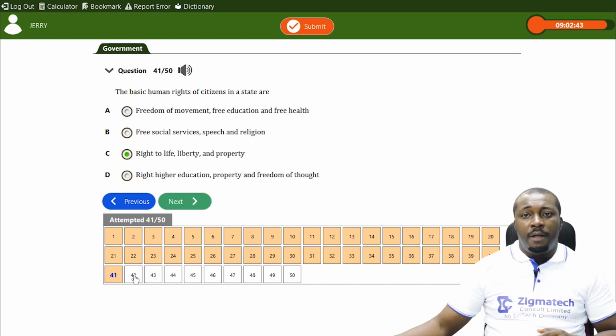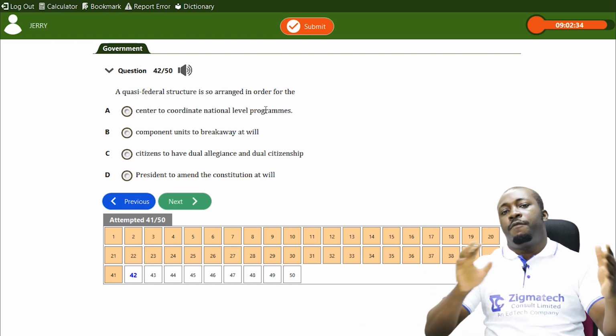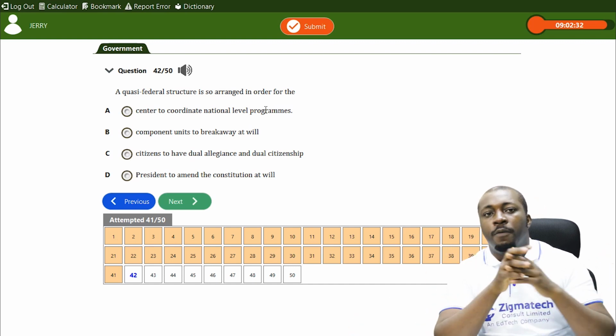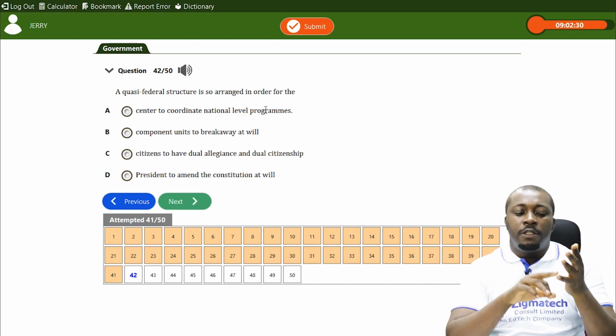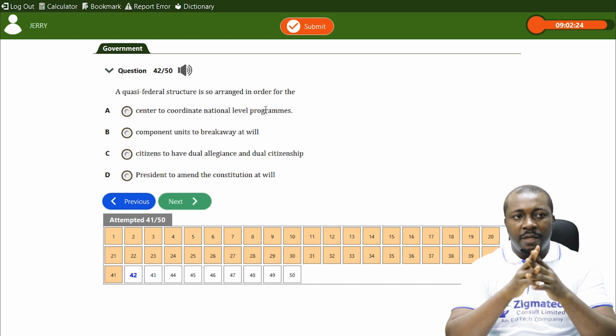Then, a quasi-federal structure is so arranged for now, we have federal, we have quasi-federal structure. Now, quasi, the prefix quasi, refers to something that looks similar to, but not exactly.